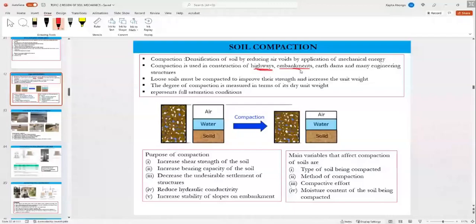Okay. What about for dams? For dams, why would we compact the soil?